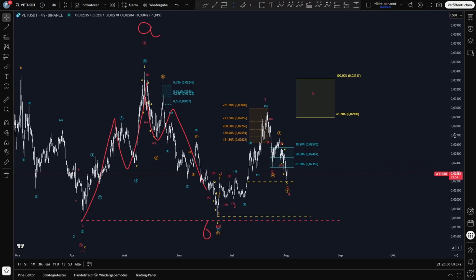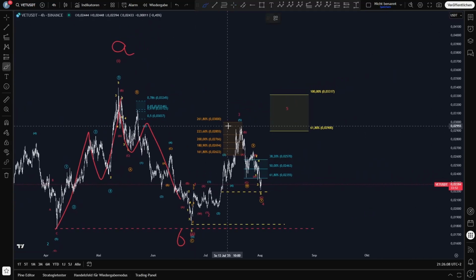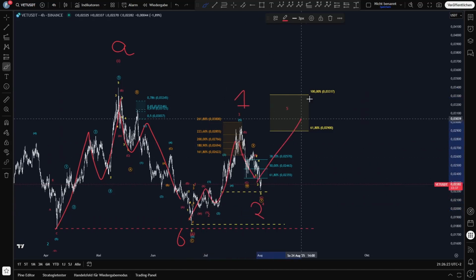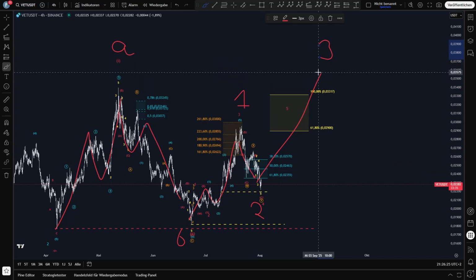And we are working on a larger wave C in a diagonal structure. Means that we would see a 5-wave move to the upside, but the subwaves would be only 3-wave moves. So an ABC in the wave 1. Then we are working on a wave 2. Then on a wave 3. So I mean, that would also be a bullish possibility.